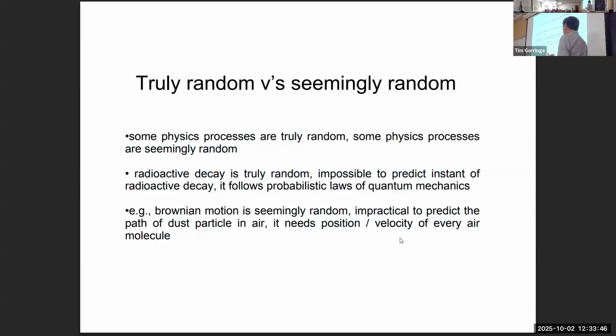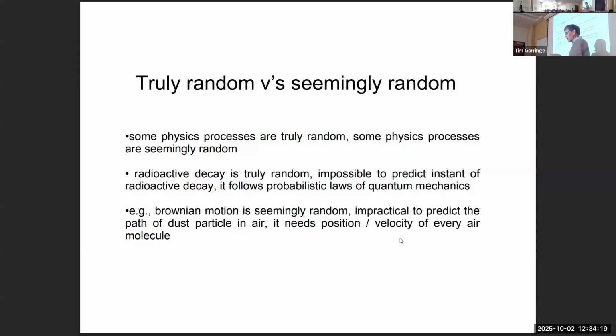Just as a background, our interest in random numbers and simulating random processes covers both what I would call truly random processes and random numbers, and seemingly random numbers and random processes. So in physical processes, there are truly random physical processes, and then there are seemingly random physical processes.